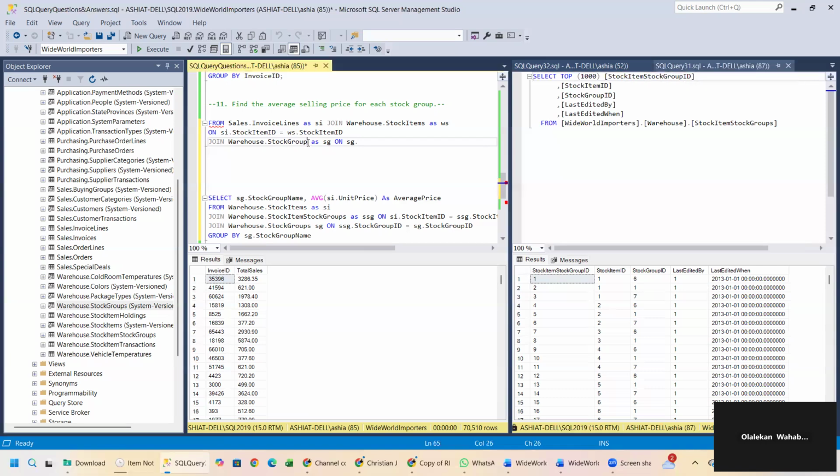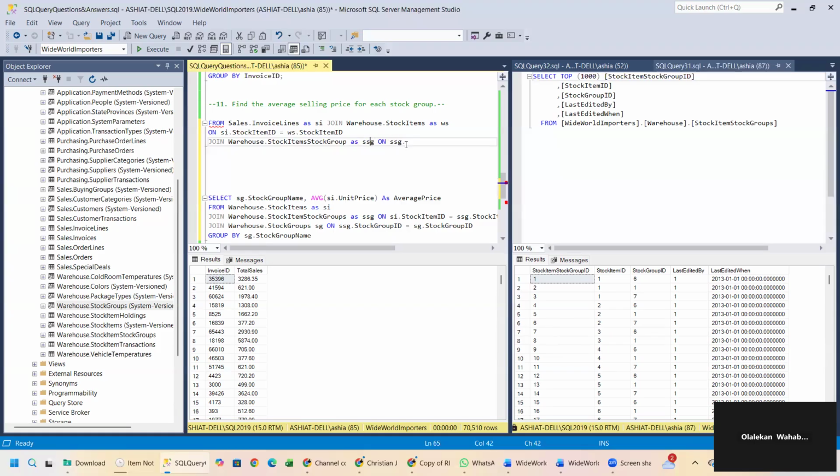So here will be stock items stock group as SSG.